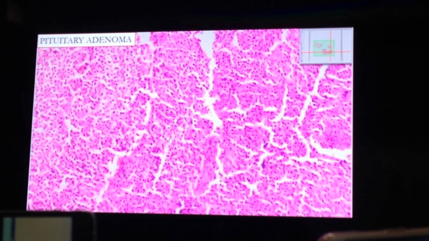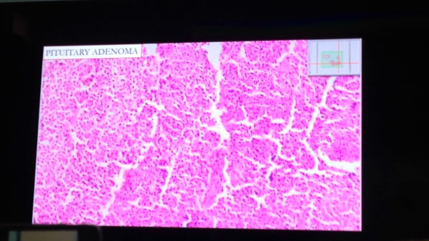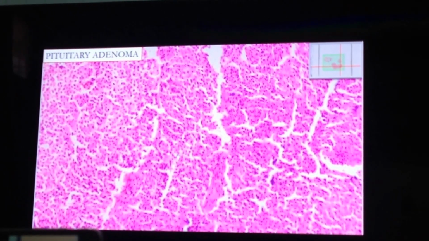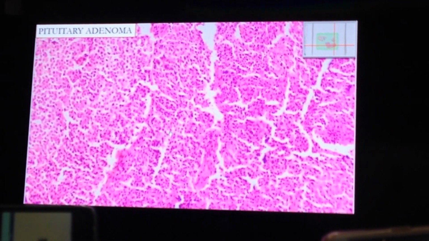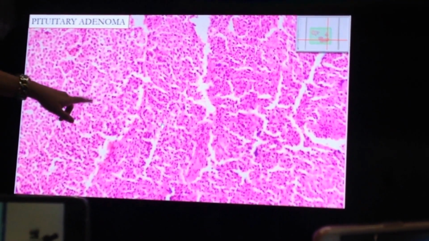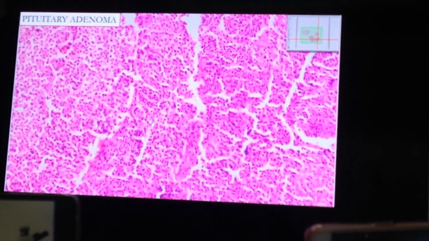Thyrotropes, thyroid. Somatotropes, growth hormone, and prolactin. Somatotropes din. So kung may proliferation ng mga tropes ng mga cells, there would be pituitary adenoma.